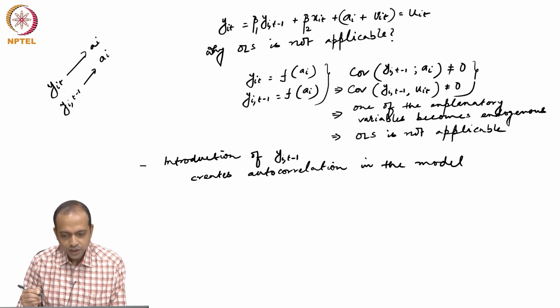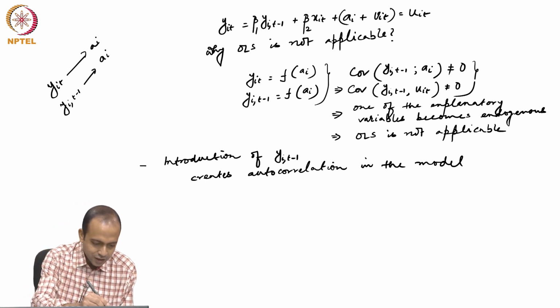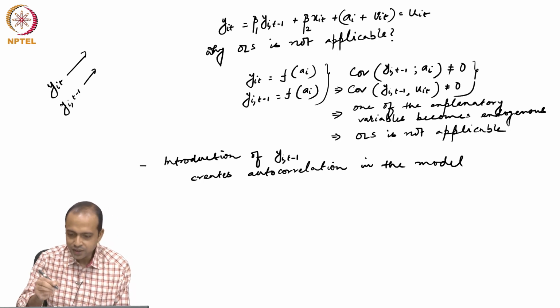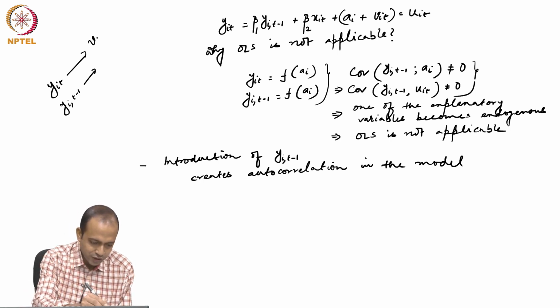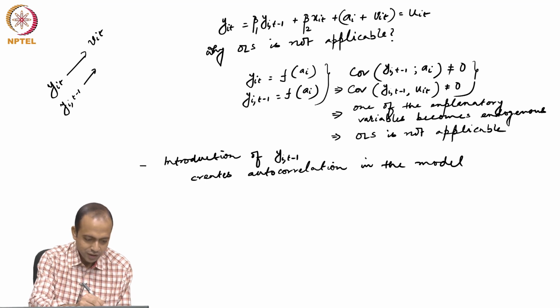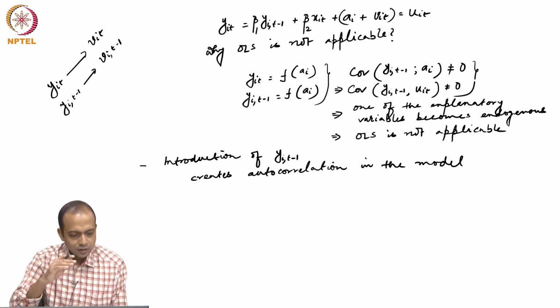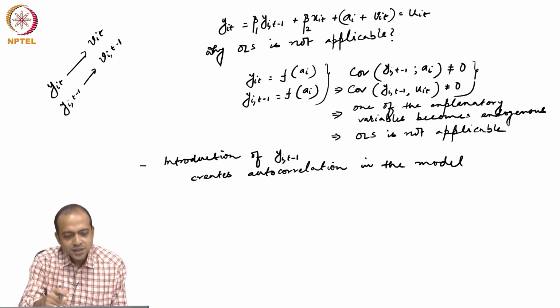Okay. Or we can say that this is not AI, this is basically YIT is related to VIT, and YIT minus 1 similarly would be related to VIT minus 1, right. The way YIT is related to VIT, if I write the same equation for YIT minus 1, obviously that would be related to VIT minus 1.